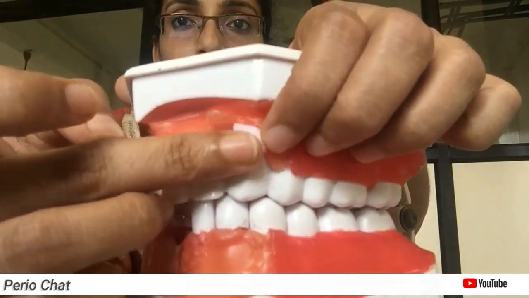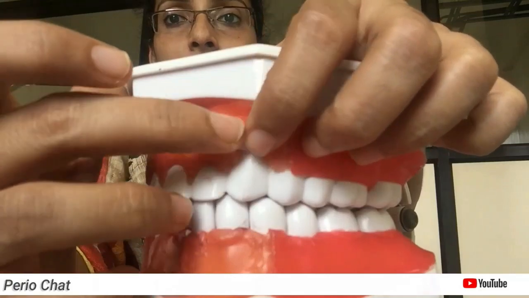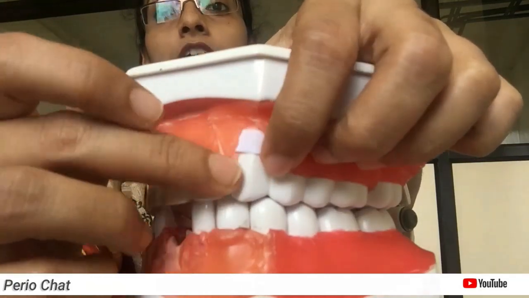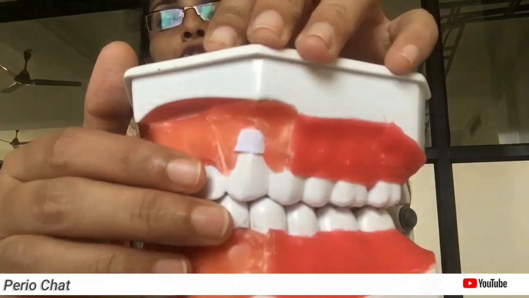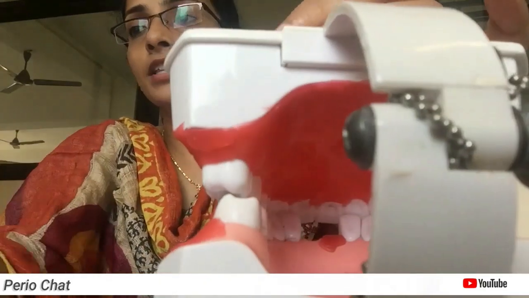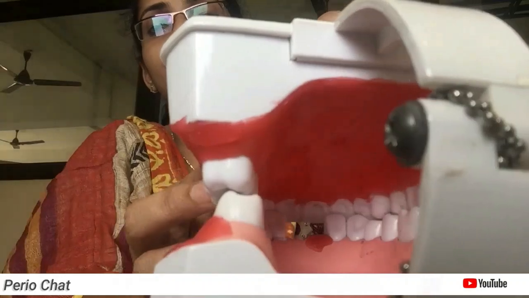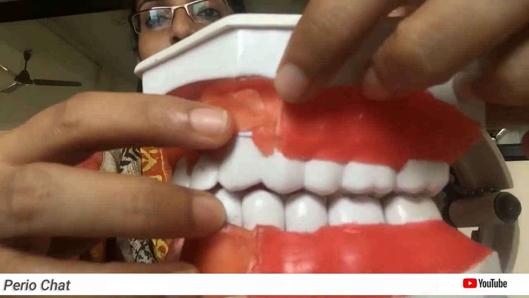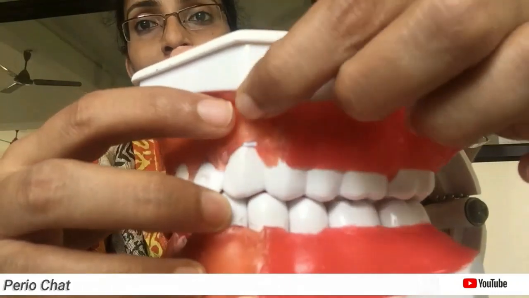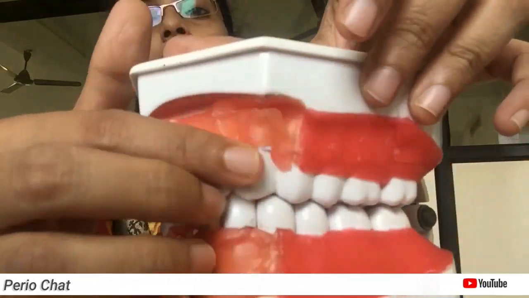You place the membrane over here and place the tissue back, suture. After 4 weeks you will see that the area of the defect is healed. I'll place a white color paper so that you understand that that is the GTR membrane. So this is the way it will heal. Okay, so these were the techniques using the guided tissue regeneration membrane.